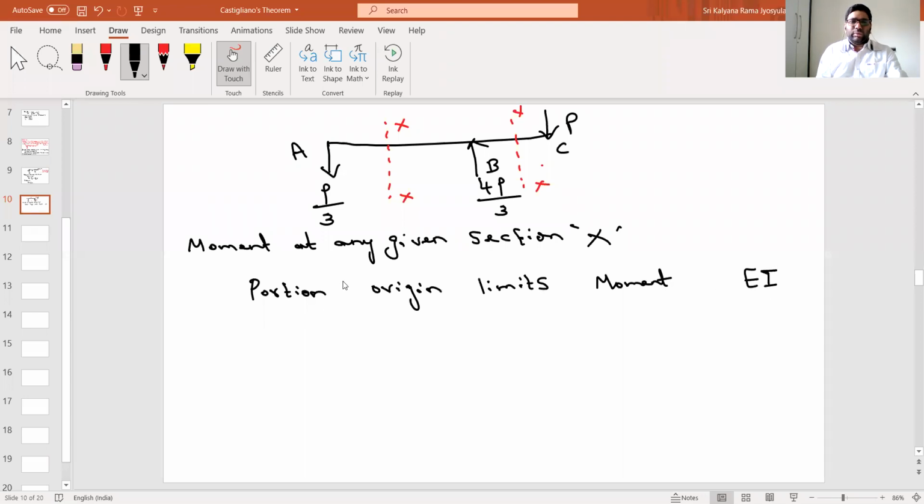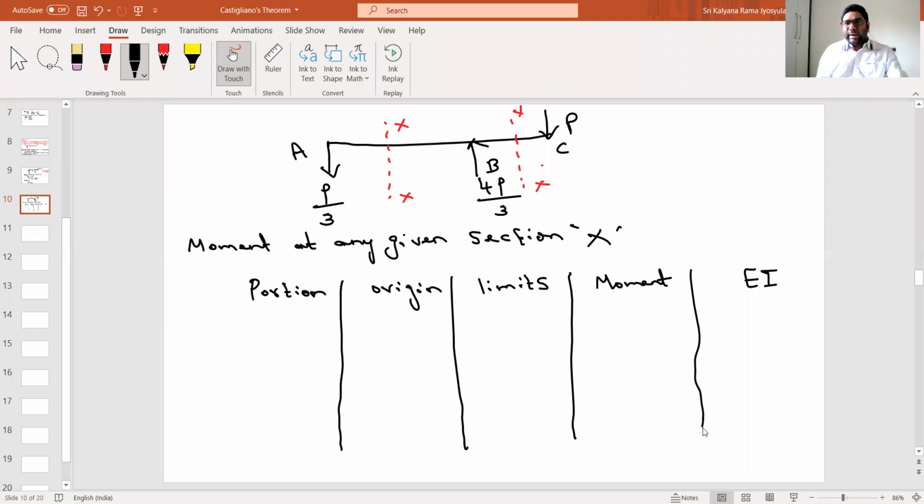So this is a table that we are going to use to calculate the moment at any given section X. These are simple formulas and a simple procedure. You will find it very easy whenever we are trying to solve it.